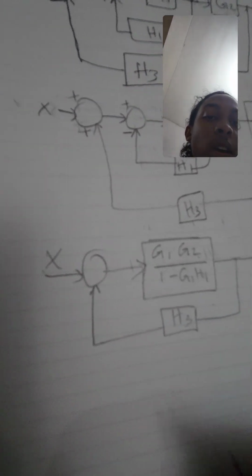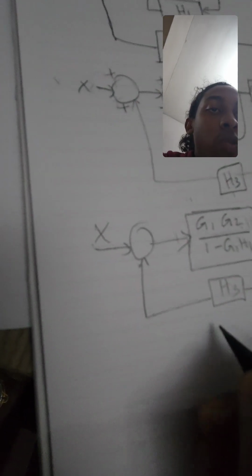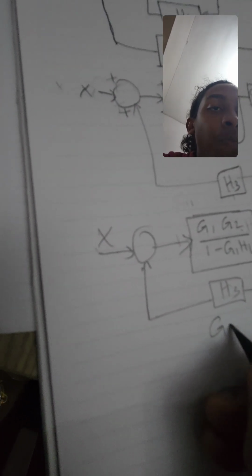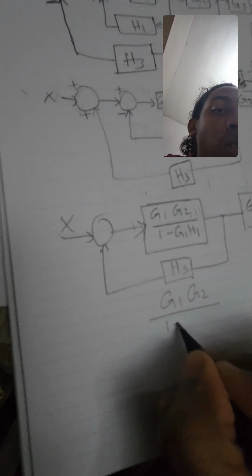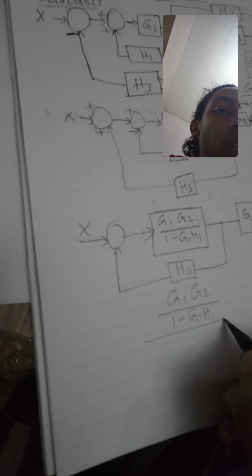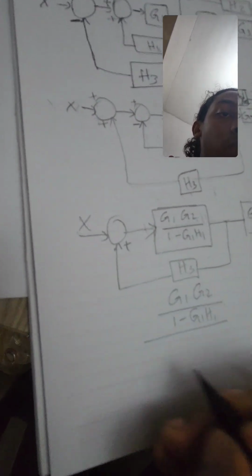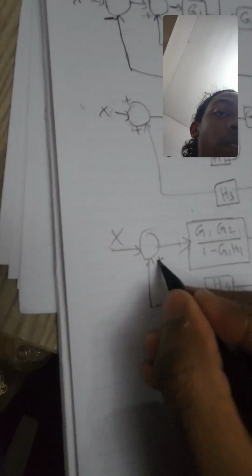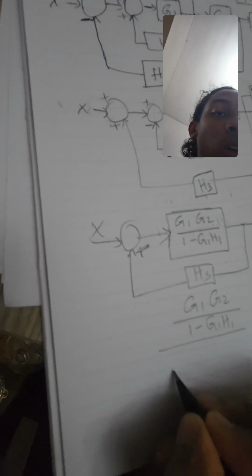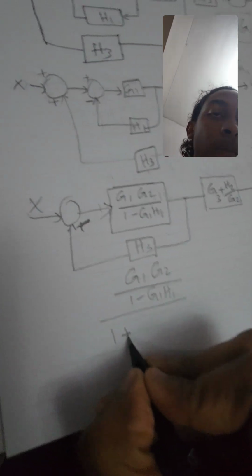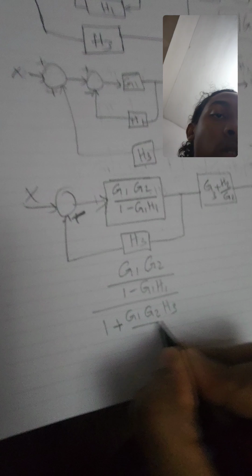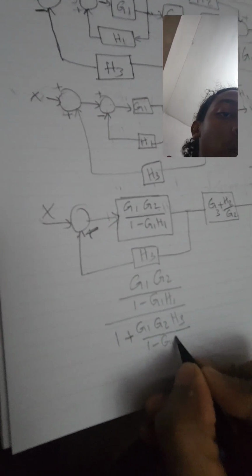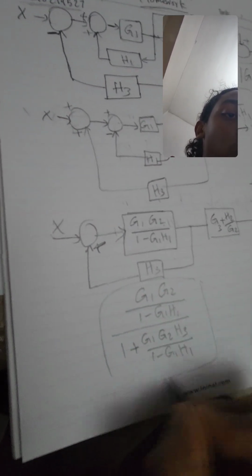This is feedback. So we have G1 G2 over 1 minus G1 H1, over, we have here negative, so we have 1 plus G1 G2 H3 over 1 minus G1 H1, so it's a block.